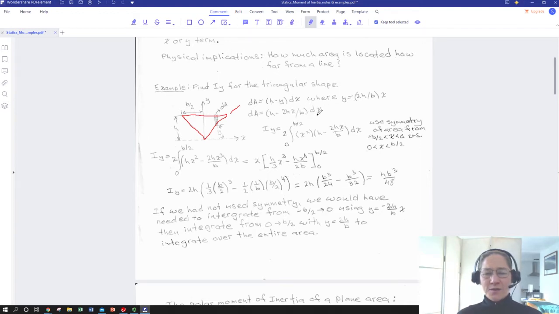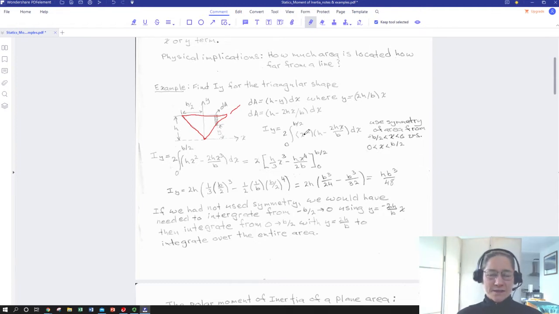Now I can substitute that right into my integral and include my x squared, since I'm calculating moment of inertia. And then I'm going to take advantage in this case of some symmetry.